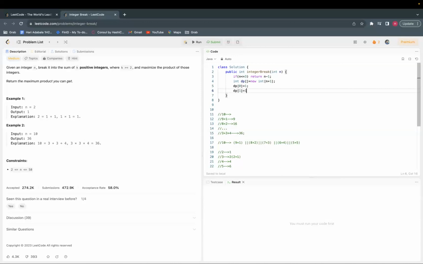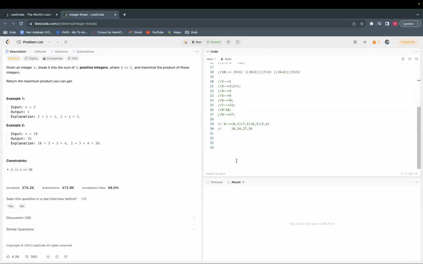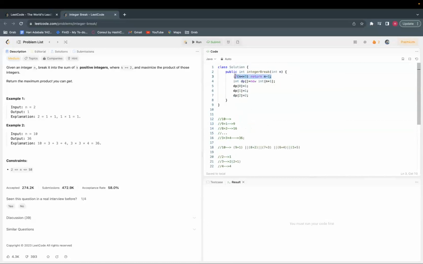For 1, we don't use it. For dp at 2, even though the value for 2 is 1 only, let's put it as 2, because we are not dividing it further since we have earlier values. If it is less than 2 we are anyhow returning from here. So just for calculation purposes, let's put dp of 2 as 2 and dp of 3 as 3. We are not dividing it further.